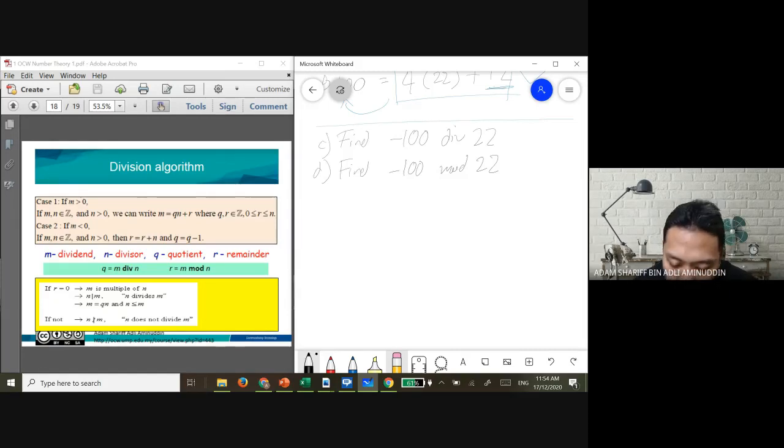My advice to the student is try to treat this negative 100 as 100. Contoh, negative 100 sama dengan, bahagi 22, kamu dapat negative 4 times 22.